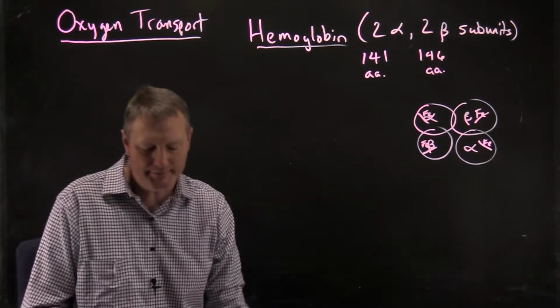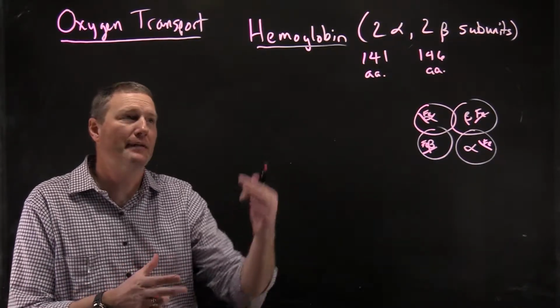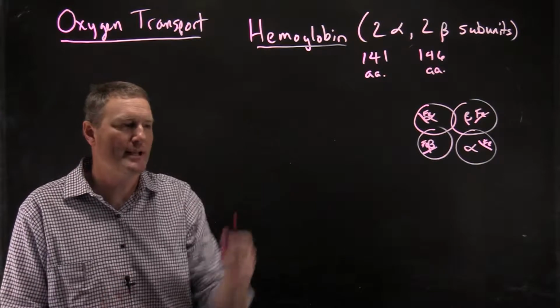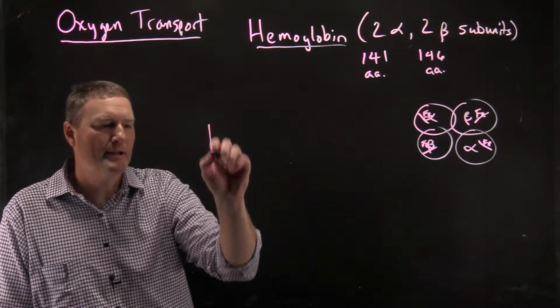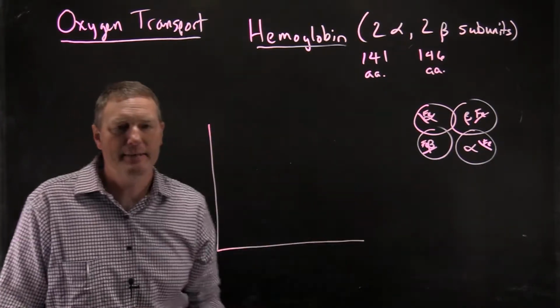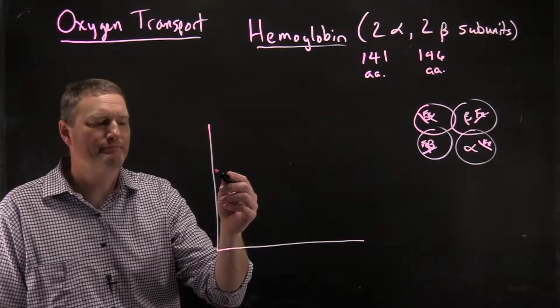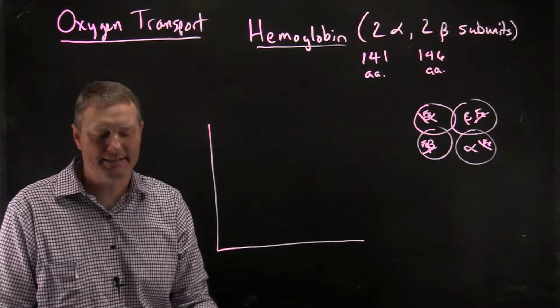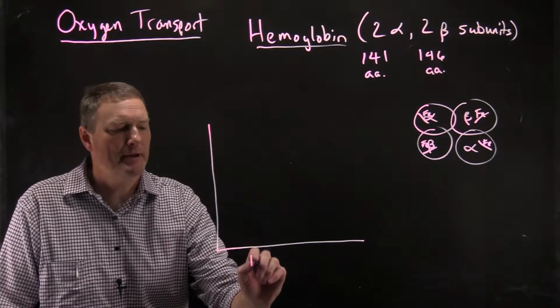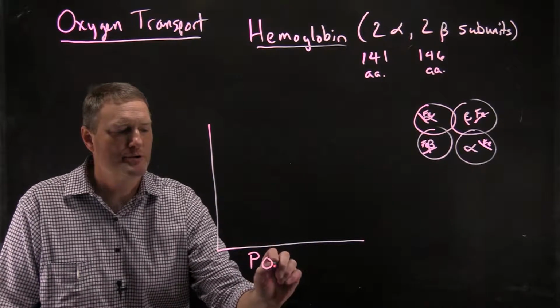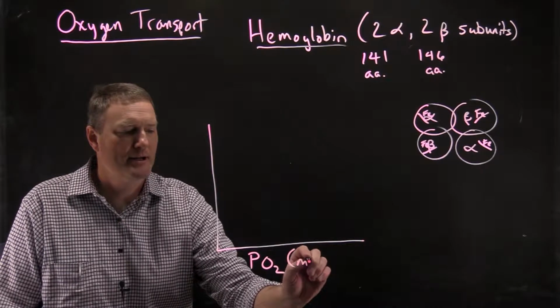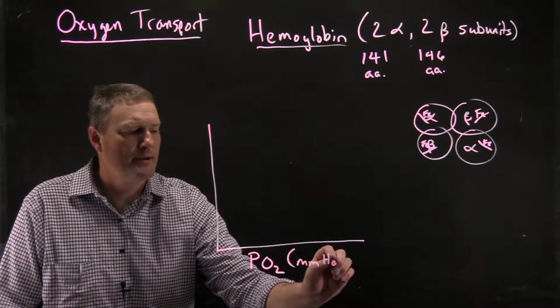So let's talk about looking at the binding affinities of both myoglobin and hemoglobin, and to do that, I'm going to introduce you to a type of graph called a percent saturation or affinity curve. Now on the axes, let's go ahead and just label those. I'm going to have what's called the partial pressure of O2, and that's listed in millimeters of mercury.